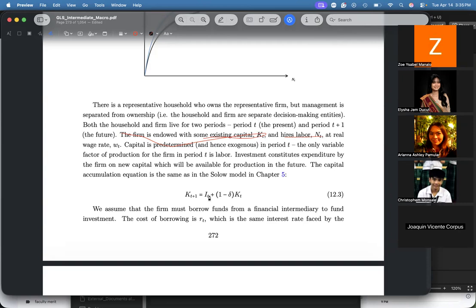In period T, though, you get to decide how much capital to add. So in period T, I_T is your decision also. Okay? So investment constitutes expenditure by the firm on new capital, and it will be available in the future. So pag nag-invest ka today at time T, kailan mo siya mararamdaman? Not today, but tomorrow in time T plus 1.